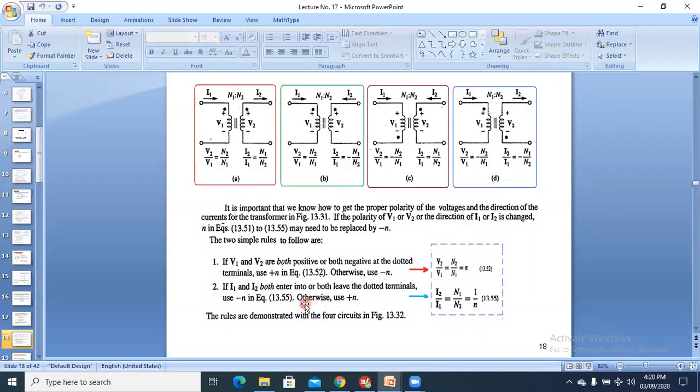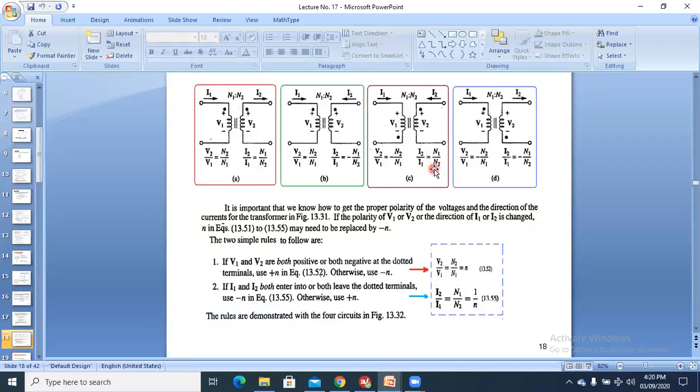But if one is leaving and the other is entering, the value is plus n. So it is entering, it is leaving, so the value is plus n, right? Similarly, if it is leaving and it is entering, its value is plus n.